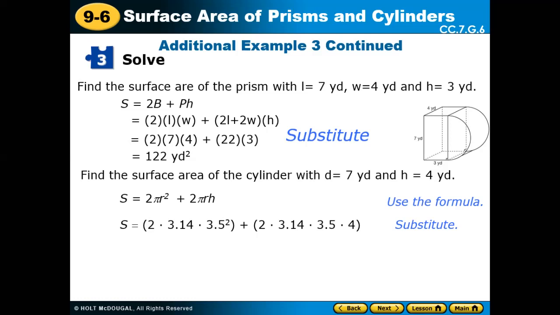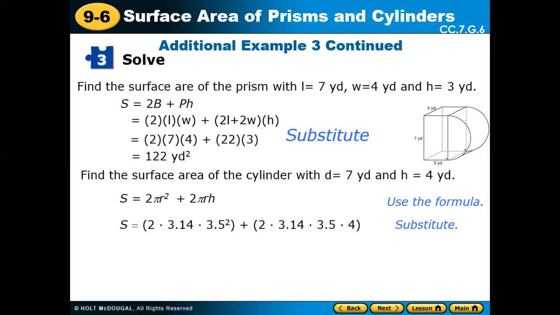Why? The given diameter is 7, so the radius will be 3.5. Remember that I'm using the radius here, not the diameter. Now complete, plus another bracket: 2 multiply 3.14 multiply 3.5 multiply 4.